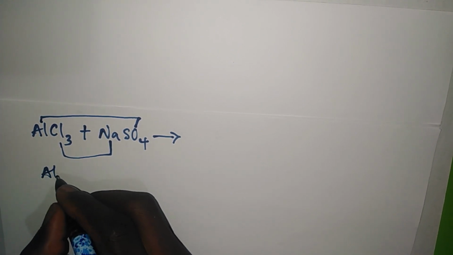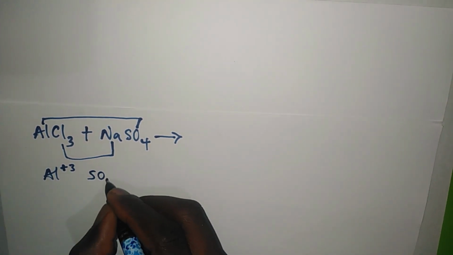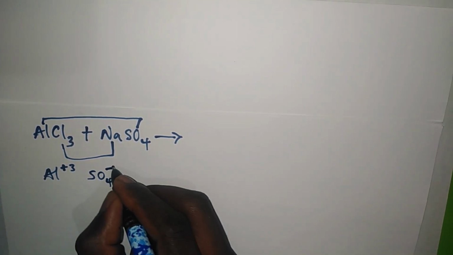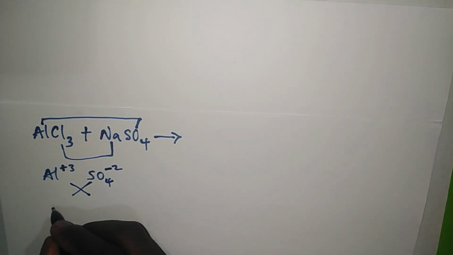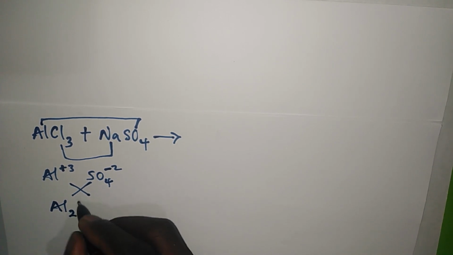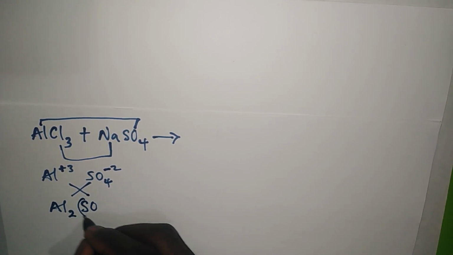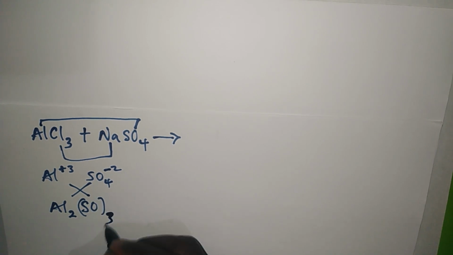Now for aluminium, we know the charge is +3, while sulfate is -2. So therefore what we now have will be what? Aluminium 2, sulfate, put it in parentheses because it's a polyatomic ion, so you put now what? 3.